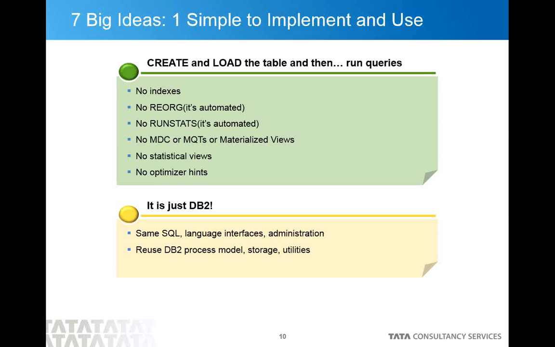We don't want to spend time creating indexes, creating entities, dimensioning data using multidimensional clustering, distributing data with a partitioning key, providing optimizer hints, reclaiming space, collecting statistics, and much more. A lot of things have been automated in DB2 BLU. It has the ease of just load the data and fire the query and enjoy performance gains. That's it.